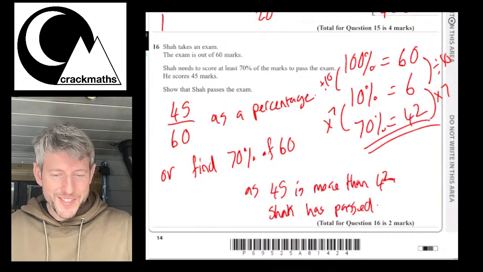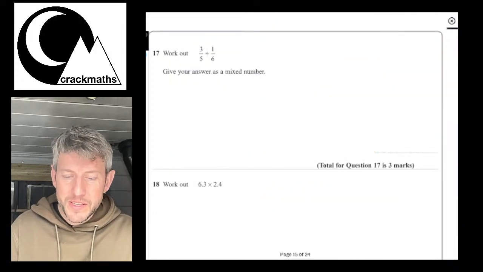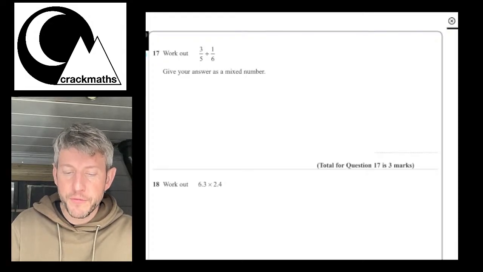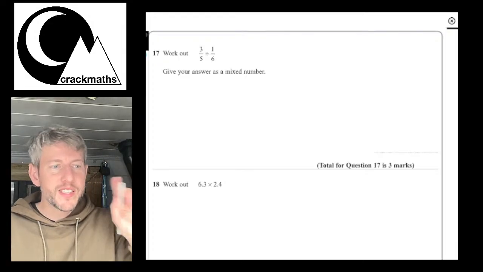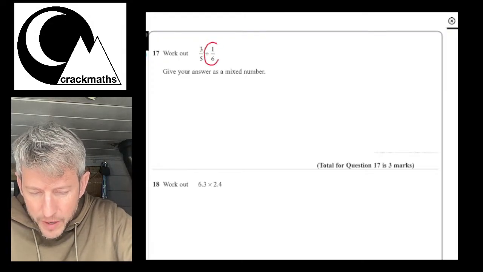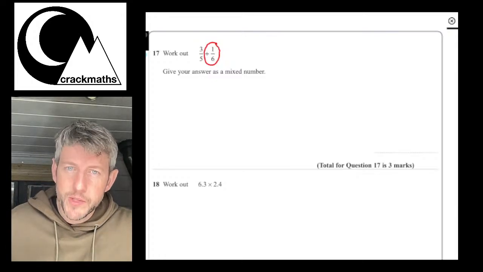Okay, right, let's try question 17. Question 17 is work out 3/5 divided by 1/6. Okay, so we need to remember the trick, and the trick is that if you're dividing by a fraction, it's the same as multiplying by that fraction turned upside down.